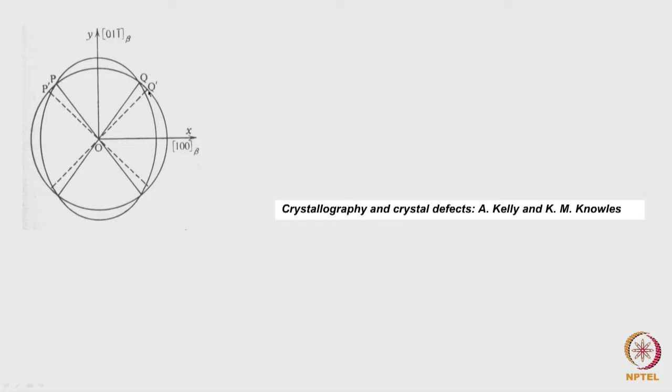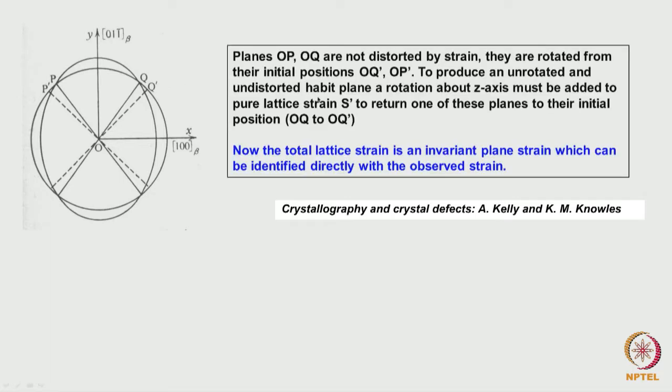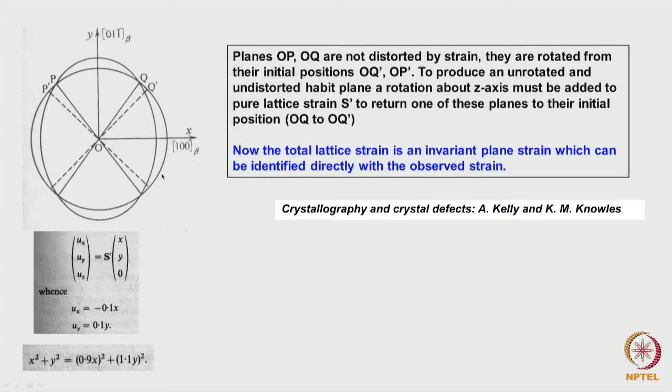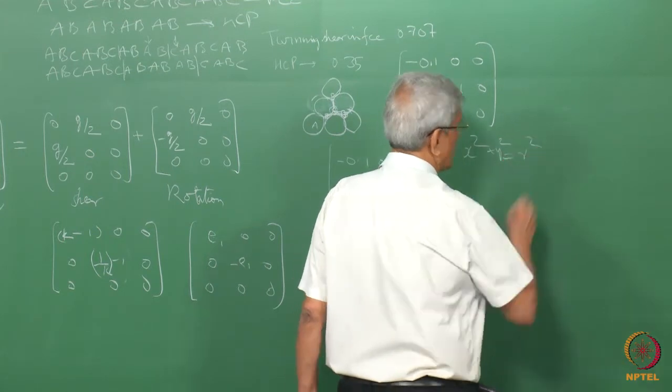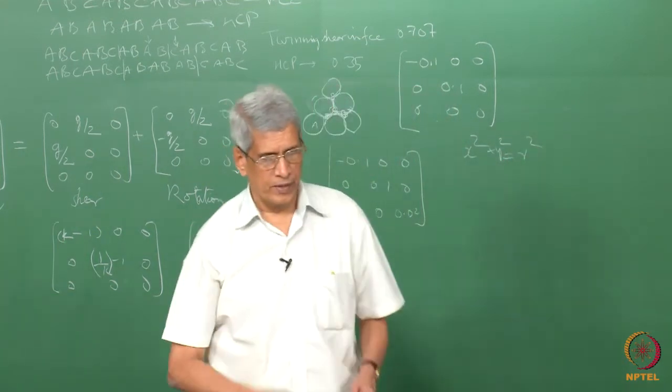Because this point is on the circle, correct, q dash, its coordinates are nothing but, essentially we can write x squared plus y squared equals r squared if you know x and y value.